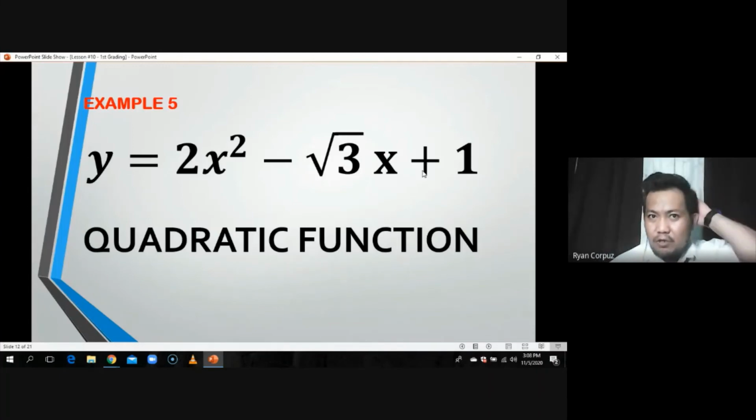According to the definition, the things that we have to bear in mind, no radicals on the variable part. Even though we do have radicals here, ang radical niya ay constant. So walang problema if your radical is a constant. Nagkakaroon lang tayo ng problema if this x is inside that radical sign. So dun siya magiging hindi quadratic function. But this given, still we can consider this as quadratic function.